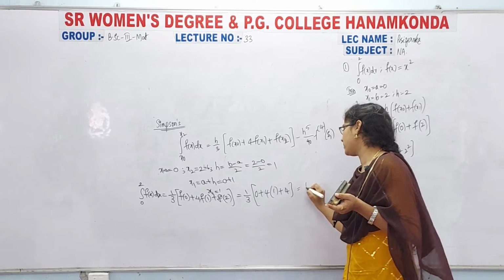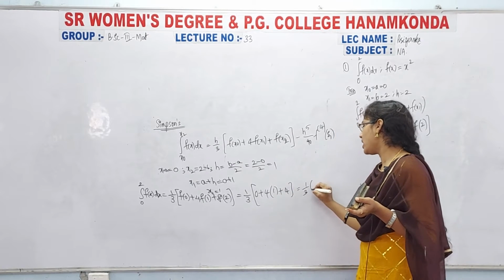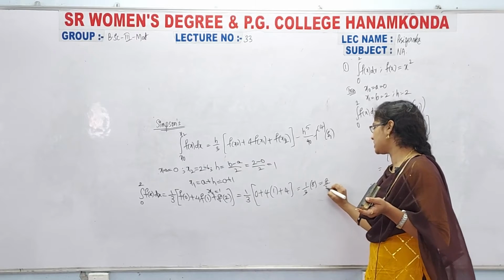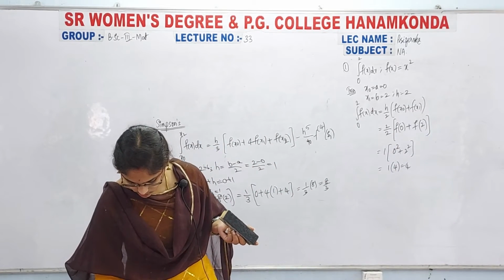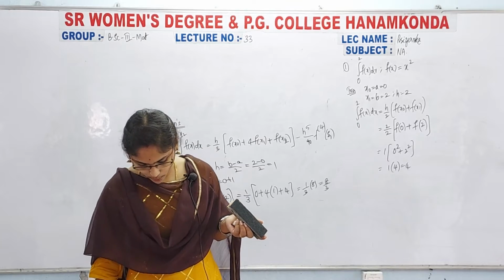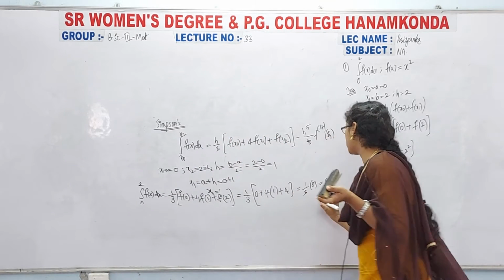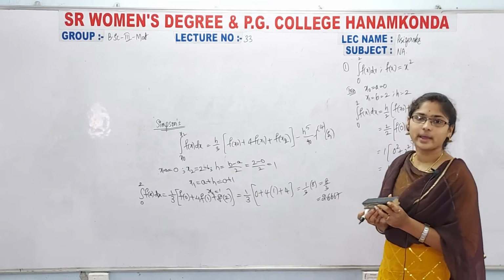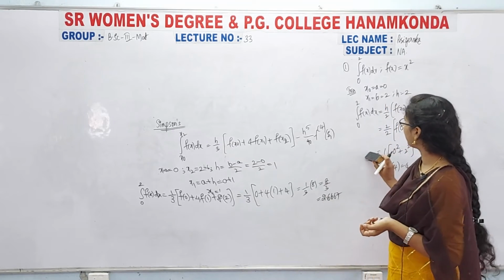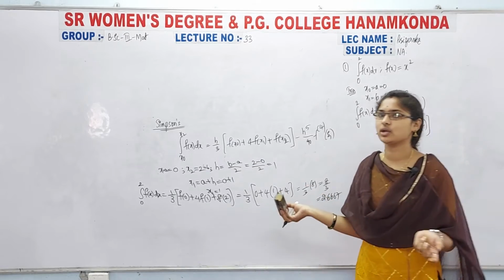So it is 1 by 3 of 4 plus 4, 8. Therefore the answer is 8 by 3. What is 8 by 3 in your calculator? Just calculate 8 by 3: 2.666667. So directly 2.6667. Okay, so this is the trapezoidal rule, this is the Simpson rule. Easy, no?